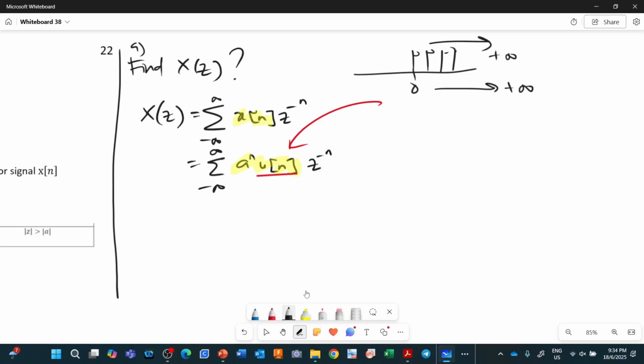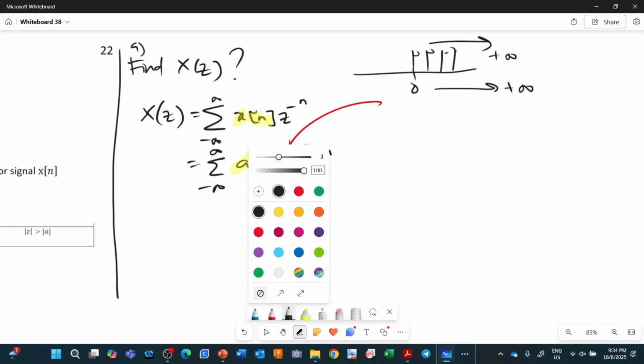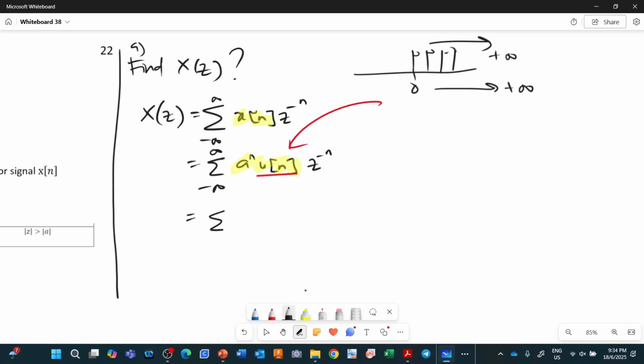So we can rewrite this equation as summation from 0 to infinity of a^n, u[n] is 1, z^(-n).